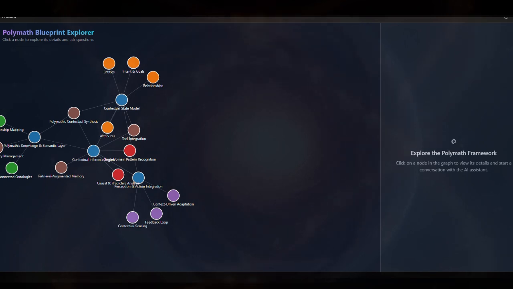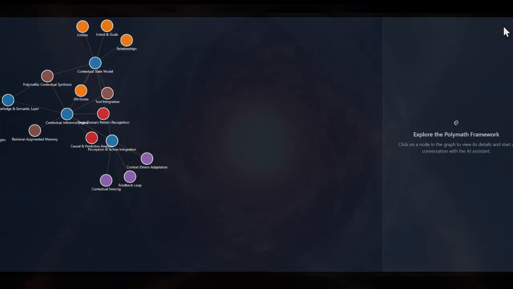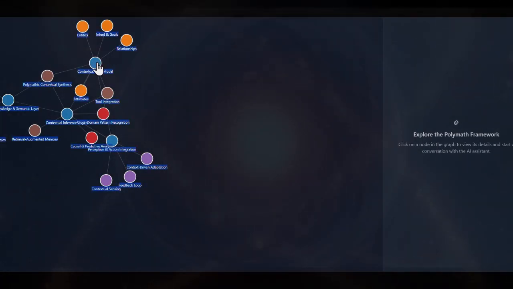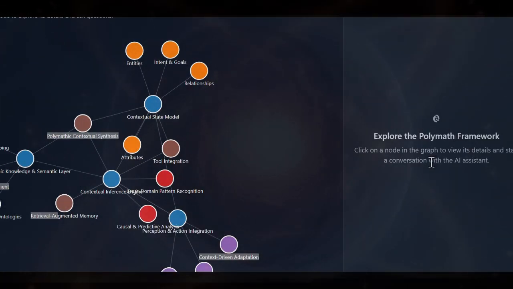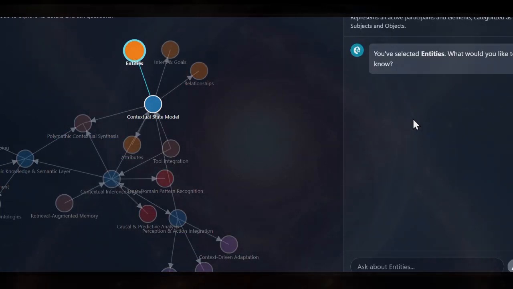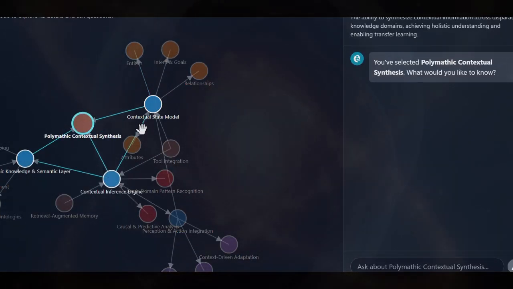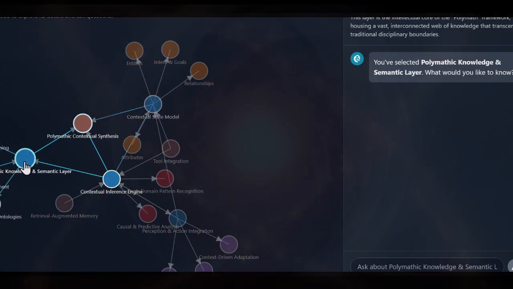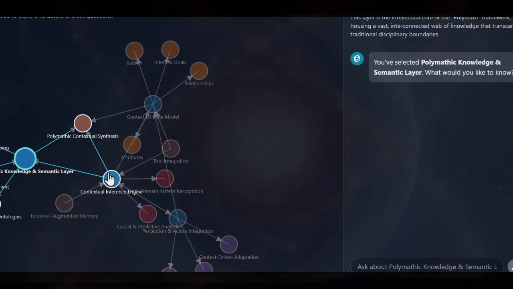3. Contextual Inference Engine, CIE. The CIE is the reasoning component responsible for processing the CSM in light of the PKSL, deriving deeper insights and predicting future states. Cross-domain pattern recognition. Identifies recurring patterns, analogous situations, or transferable solutions across different knowledge domains, a hallmark of polymathic thinking. Causal and predictive analysis.